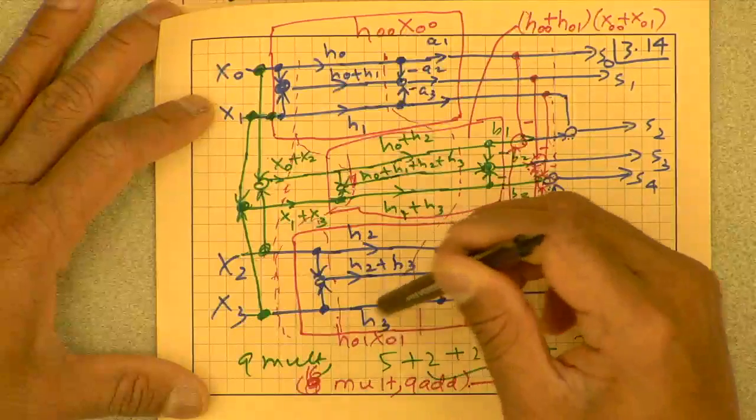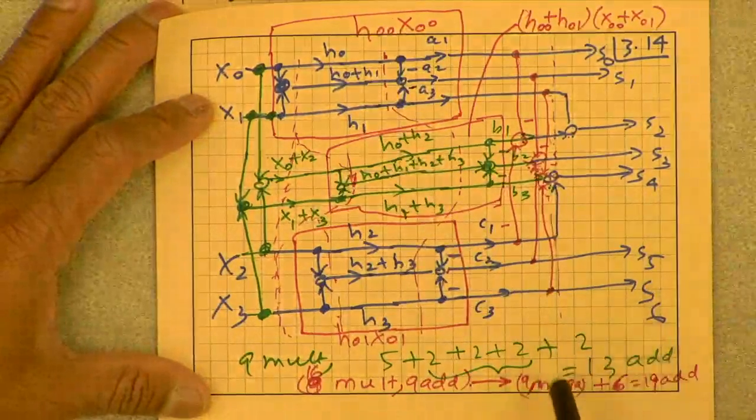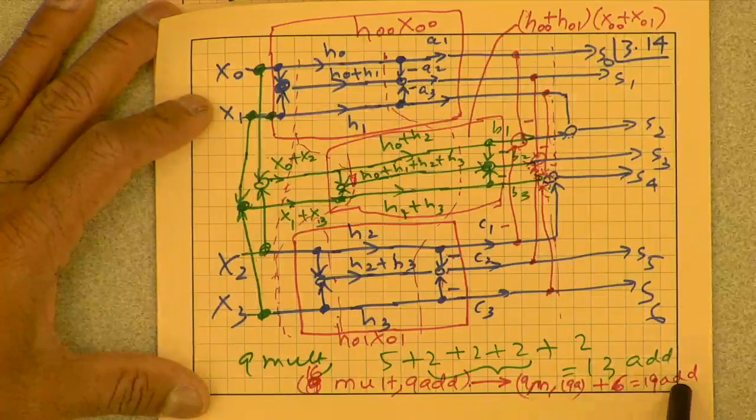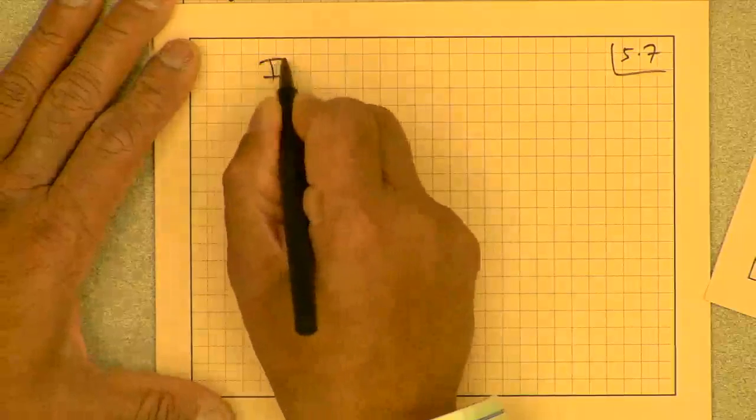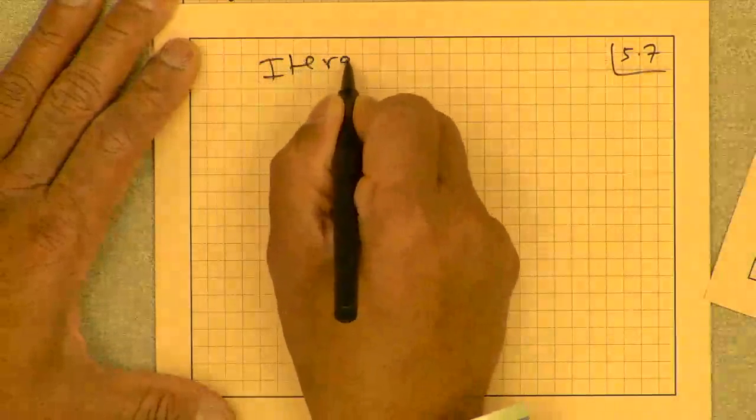We learned from last class, in lesson 3, that a 4 by 4 convolution, convolving x0, x1, x2, x3 with h0, h1, h2, h3, requires 9 multiplies and 19 adds. Let me show you. That's the final diagram.